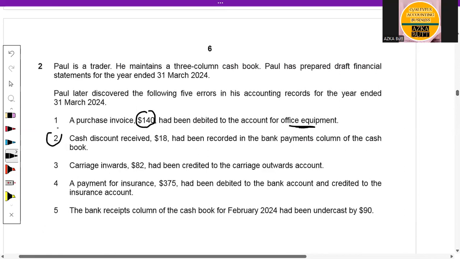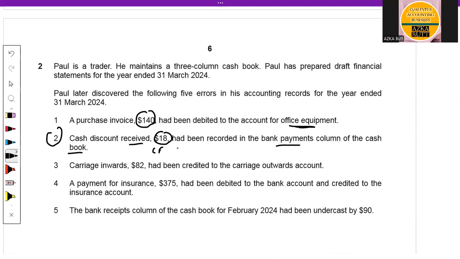Okay, and the second one, cash discount received, which is $18, had been recorded in the bank payments column of the cash book. So we basically recorded it as a bank payment. Now what we have to do is increase the discount.